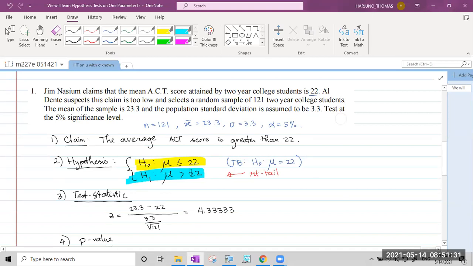That may just happen because you happen to choose 3 or 4 more students that happen to have a higher SAT score. Okay, it may happen by sampling bias. So you need to come up with an evidence, in this case, the sample that has a mean significantly greater than 22.